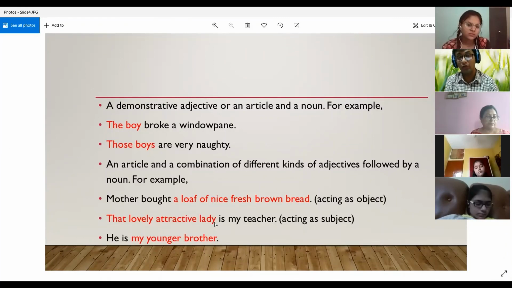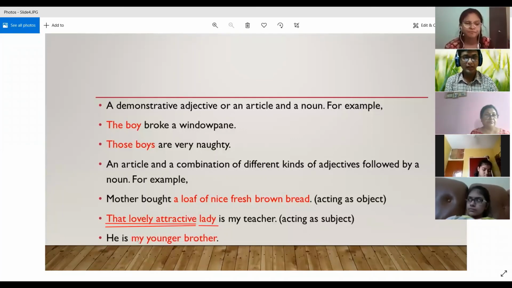So it will become a noun phrase. But if you only include this much, that lovely attractive, it will give details about the noun, that is the lady present, right? So that lovely attractive will start playing the role of an adjective. And if you take it as a whole, then it will start playing the role of a noun. So this is the minute difference that is present, right?